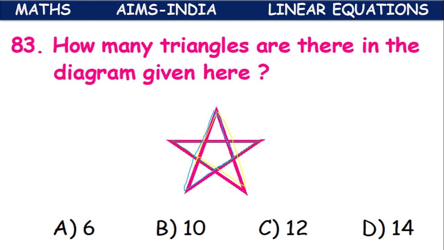This one 9. 9 only we are getting. Okay, children, 9 triangles we are getting here. So, okay, children, 9 is the answer. I think there is no other triangle, only 9 are visible here. Okay, children, if it is wrong, we will cross check once and we will update you, children.